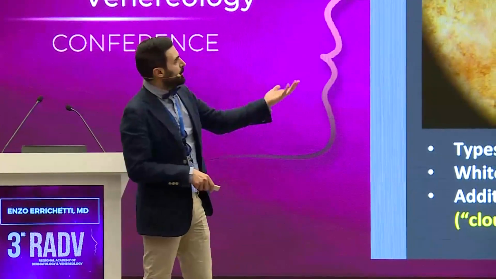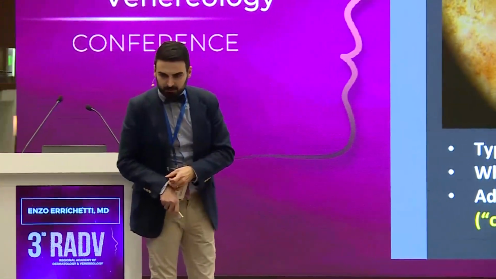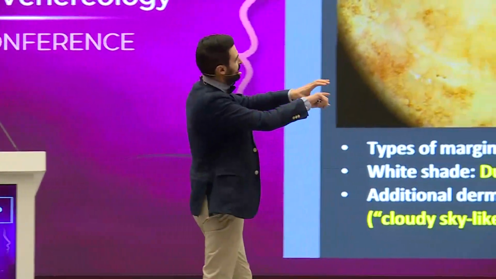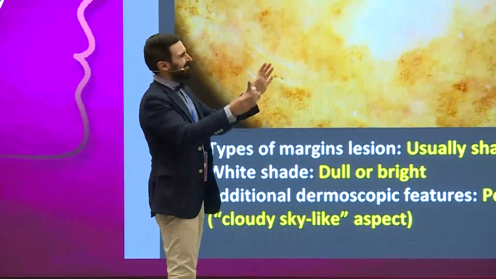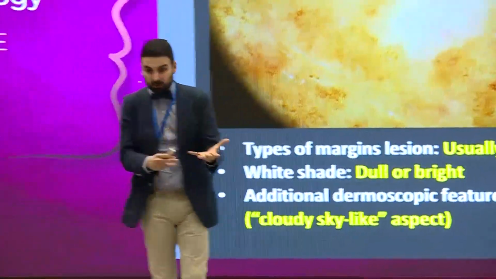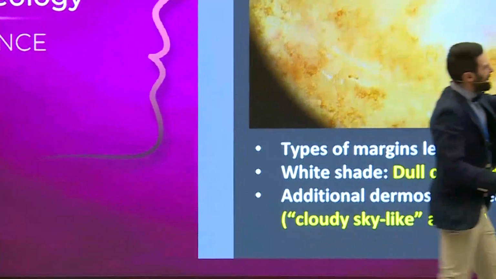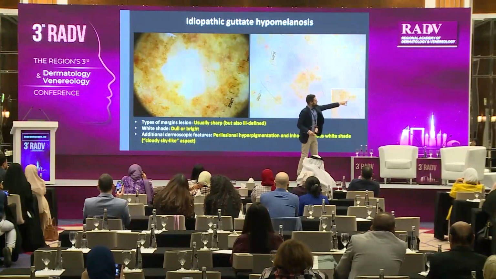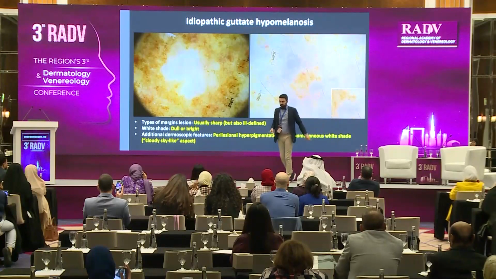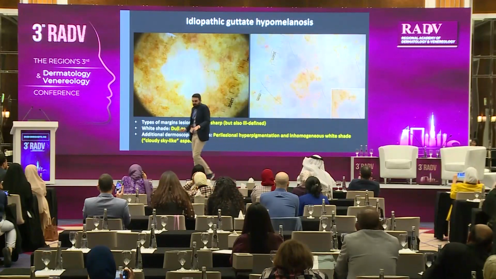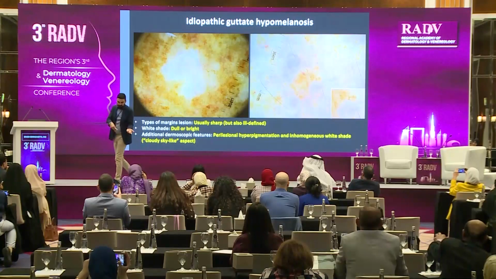Okay, idiopathic guttate hypomelanosis. We have the white areas, the margins may be sharp or not. The main clue is the presence of perilesional pigmentation, because this is due to the sun, so we have depigmentation and pigmentation.